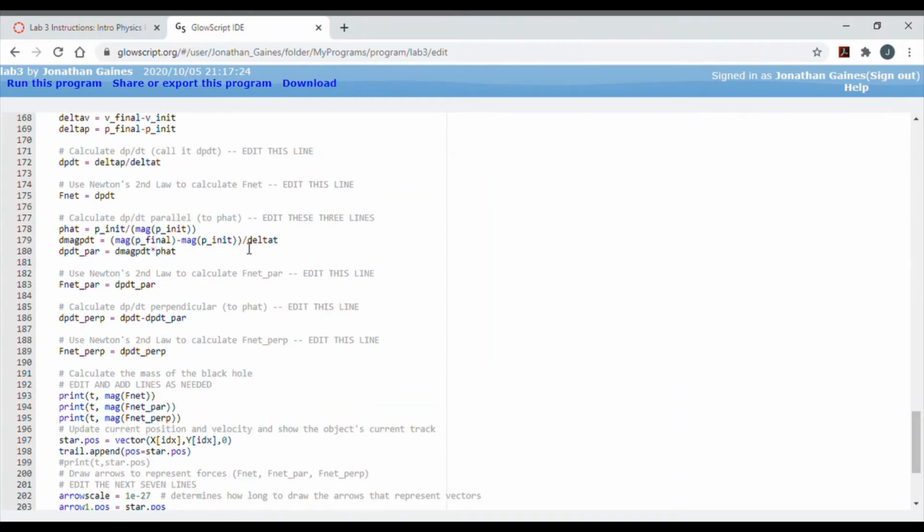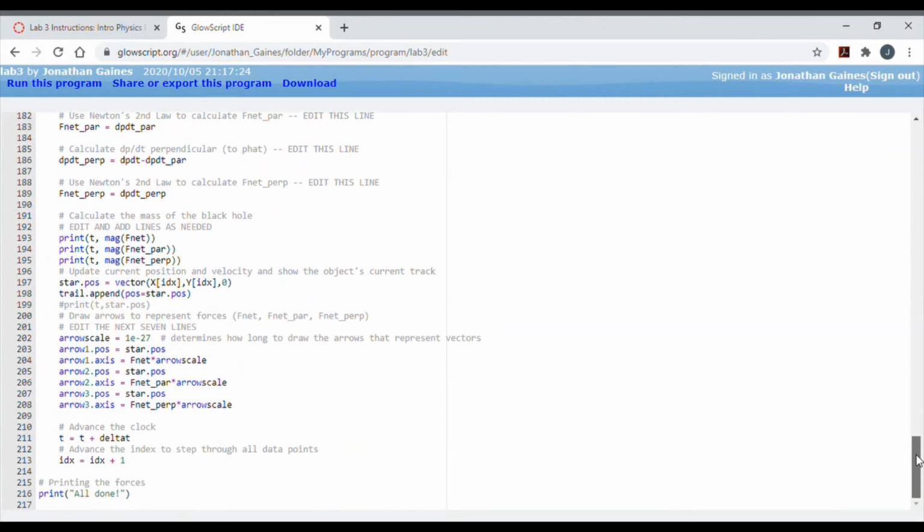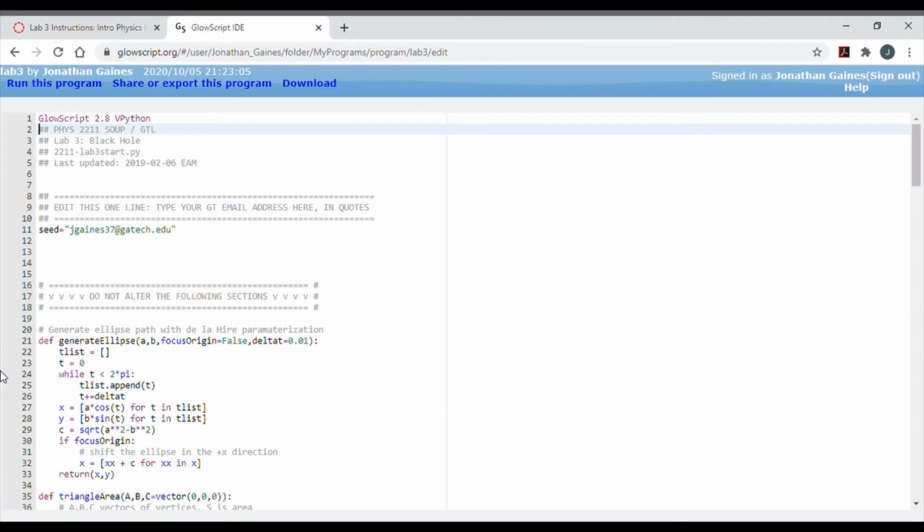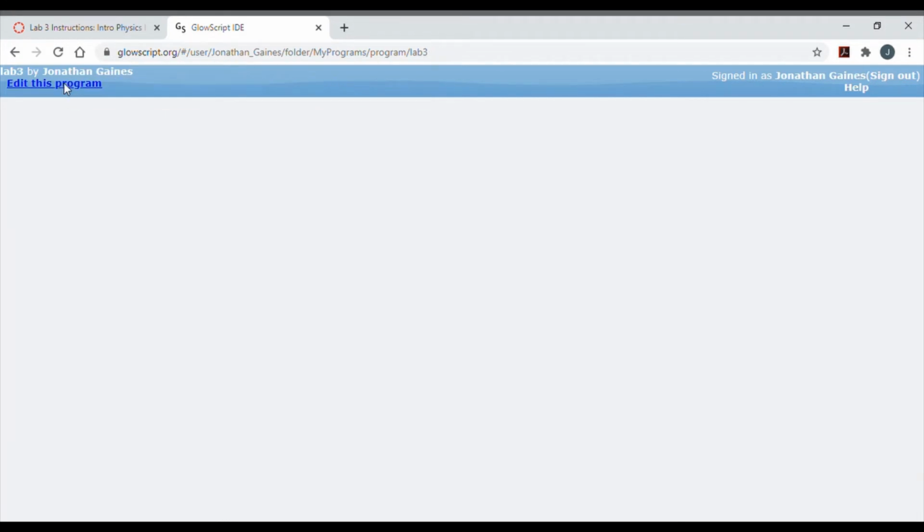And down here we can break up the net force into the parallel component right here and the perpendicular component, and the equations for this are listed right here. And further down we have arrows used to represent the net force, the parallel force, and the perpendicular force. I'm now going to run my code.